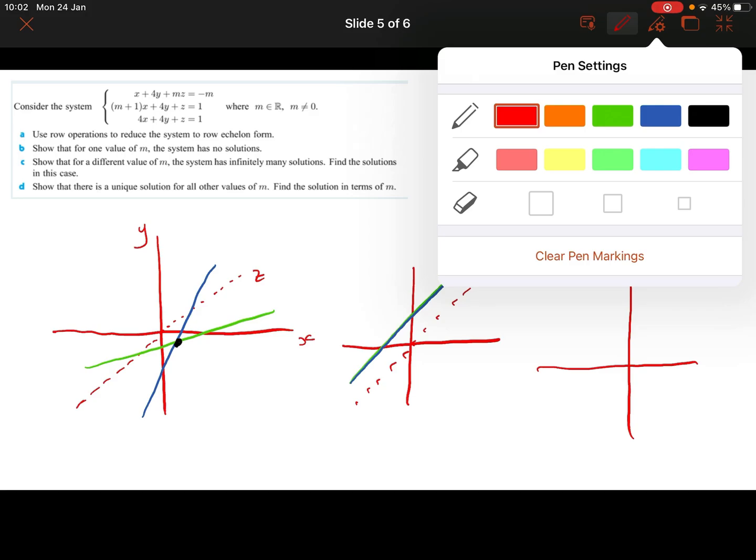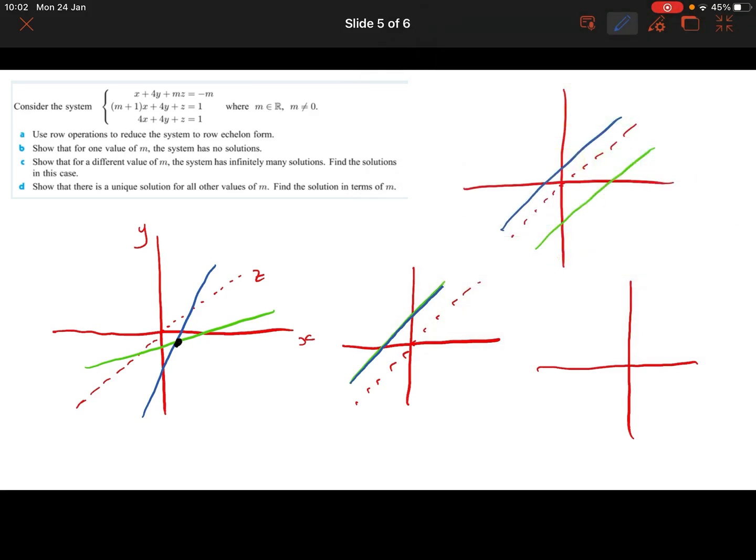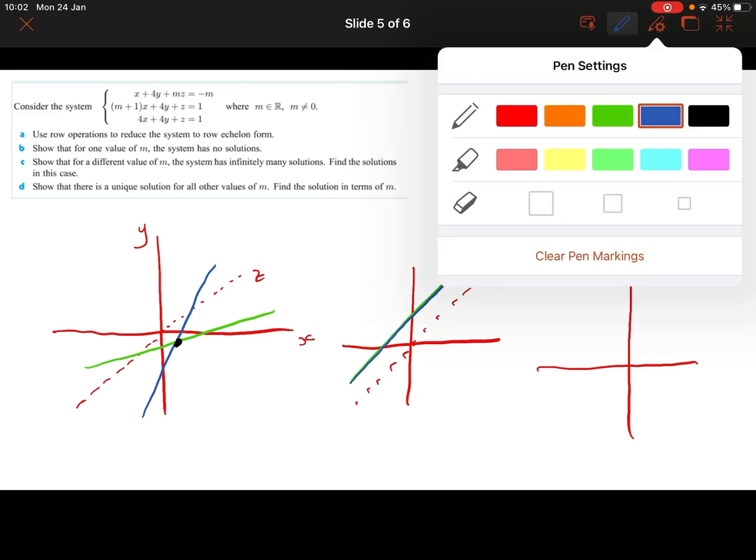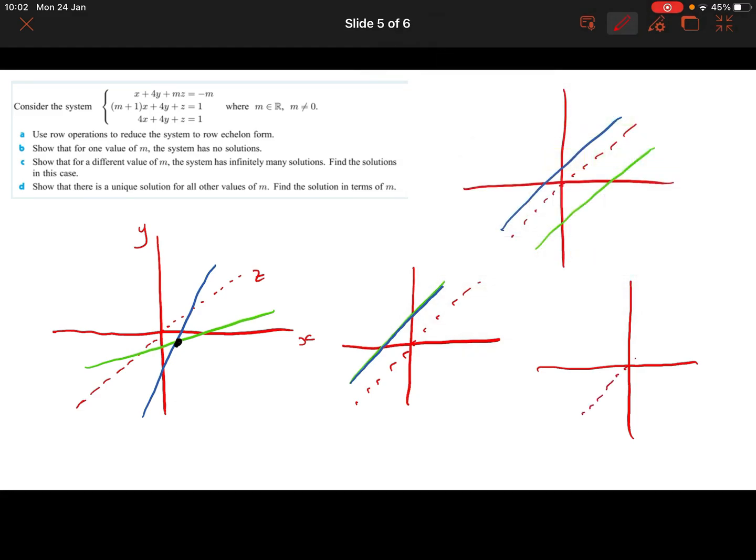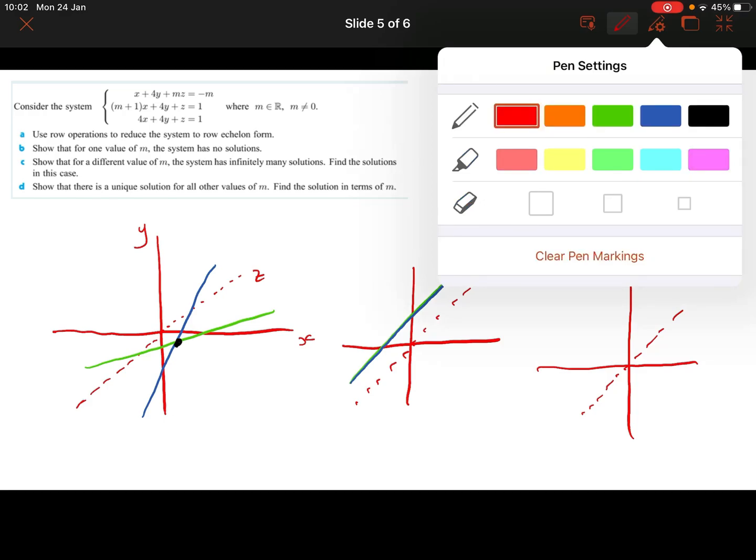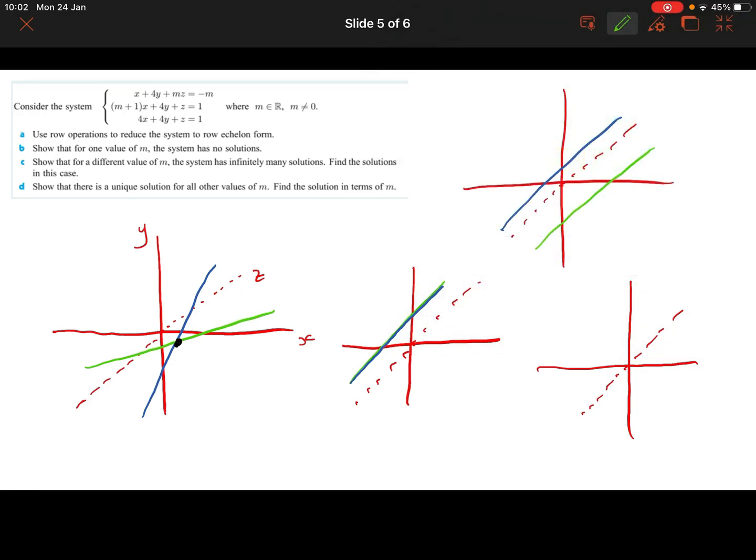We've got a line. Hang on, I need my 3rd dimension. So there's my Z axis. I've got a straight line, let's say looks like this, and another line that misses it.